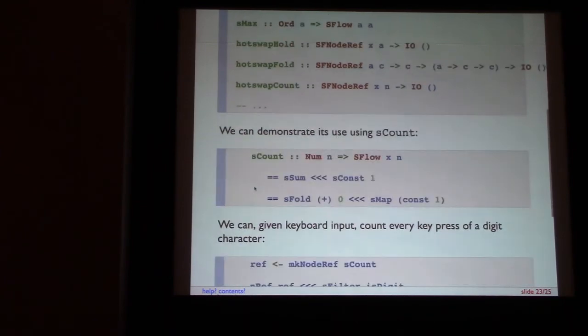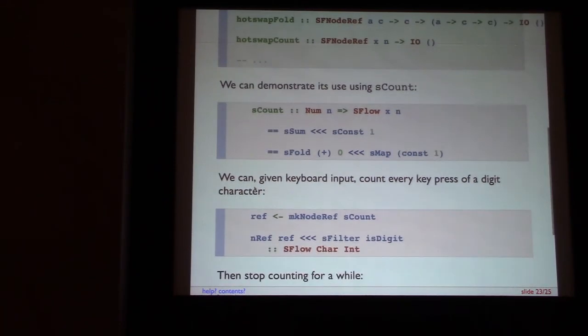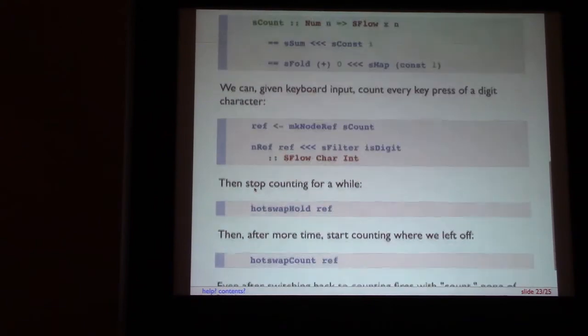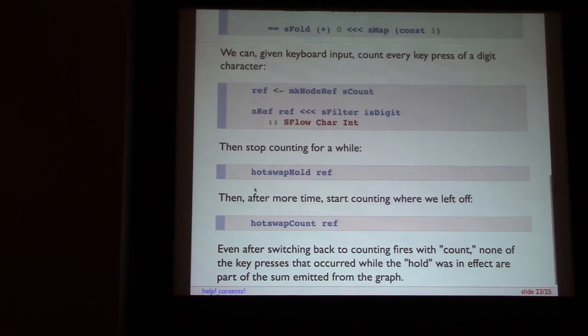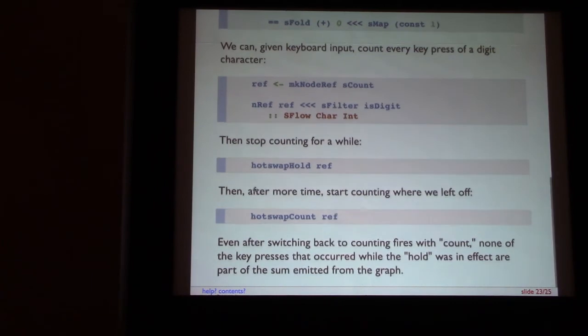So if I have turned my knob and I'm happy with the volume as it is, I can call a hold and stop emitting. And then I can hot swap back to something else given the last inputs and outputs of that value. And it's the last inputs that caused the last output.